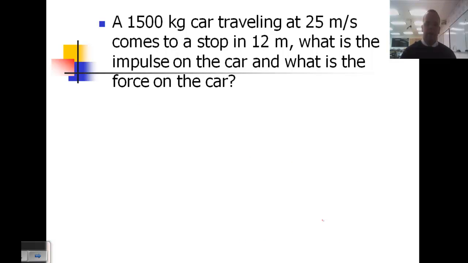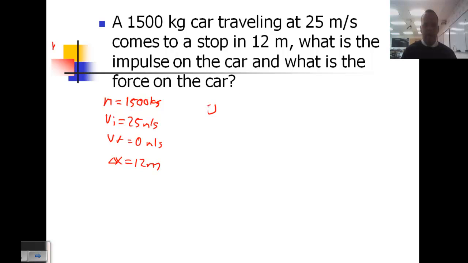A 1,500 kilogram car traveling at 25 meters per second comes to a stop in 12 meters. What is the impulse on the car, and what is the force on the car? Now this gets a little bit more challenging. 1,500 kilograms, initial velocity of 25 meters per second, final velocity of 0 meters per second, a distance of 12 meters.